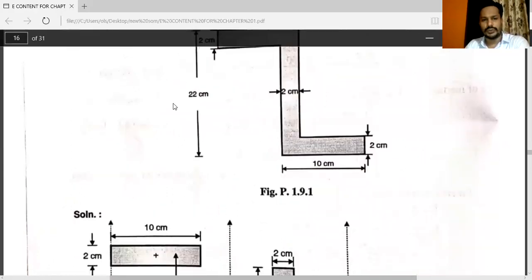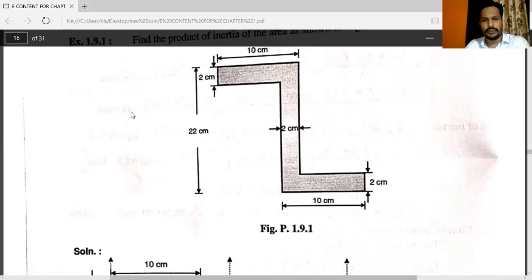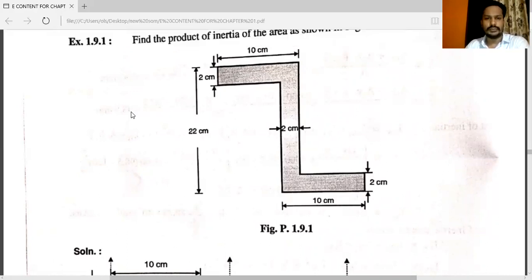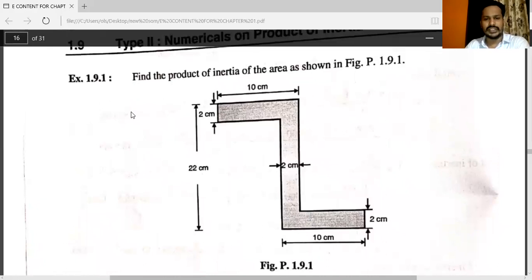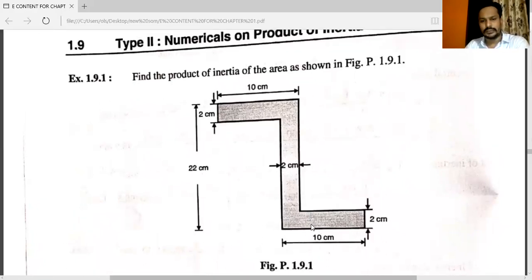As we know, first of all, we have to locate the centroid point. For this Z section, you can consider this is the bottom flange, this one is the top flange, and this is your web.